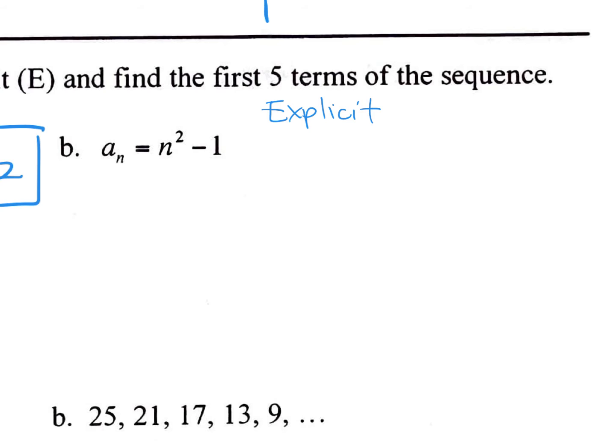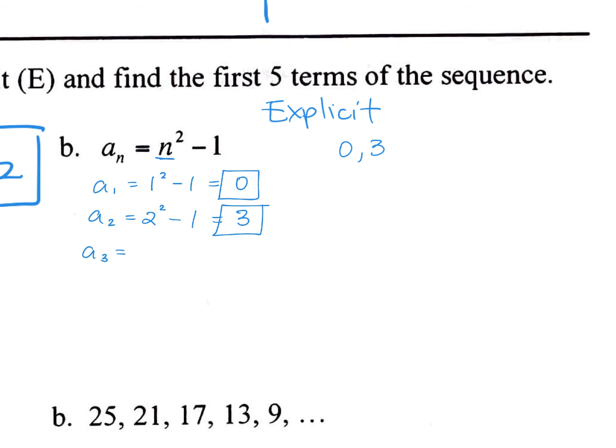So if we want the first 5 terms, then it's a sub 1 equals what? What are you plugging in for n right now? 1, right? It's your term number. 1 squared minus 1. So a sub 1 is 1 minus 1, or 0. Okay, that's your first term. A sub 2 is going to be 2 squared minus 1, which is 3. Okay, so your second term is 3.